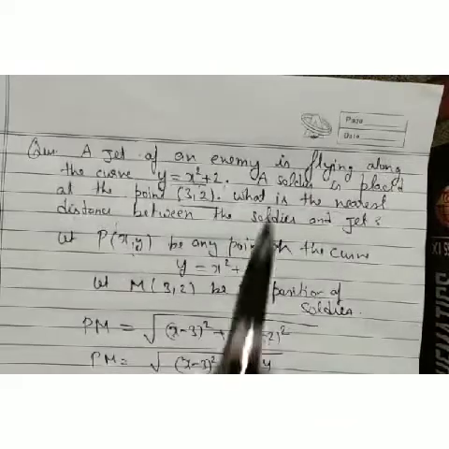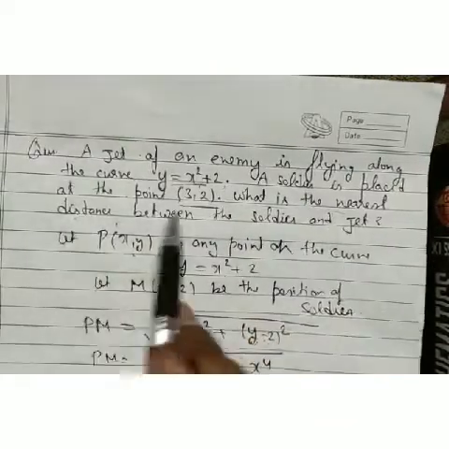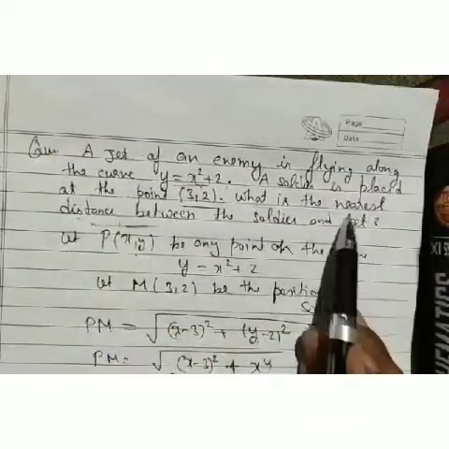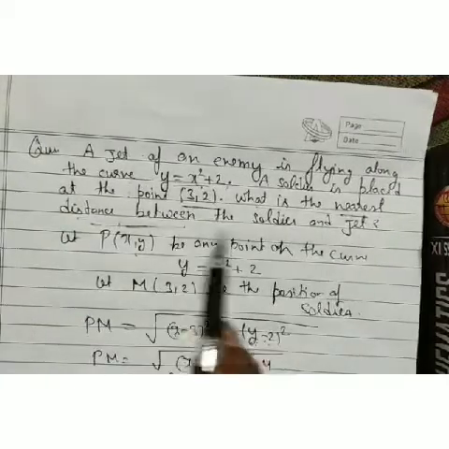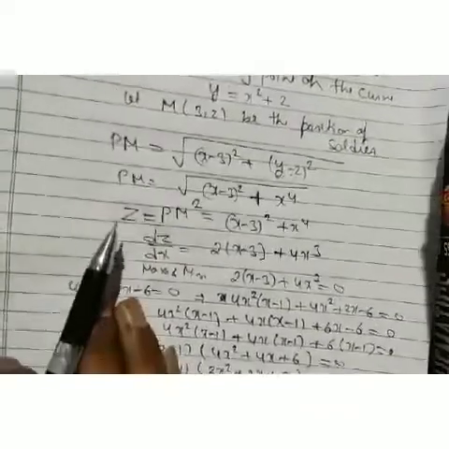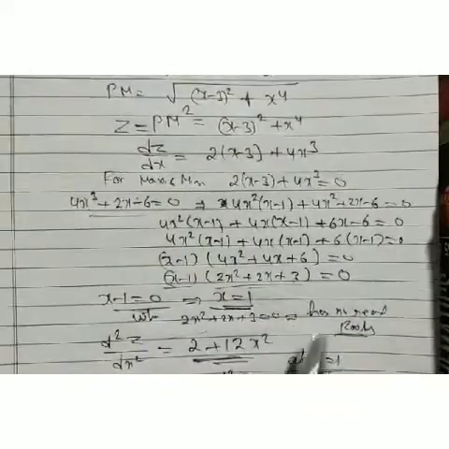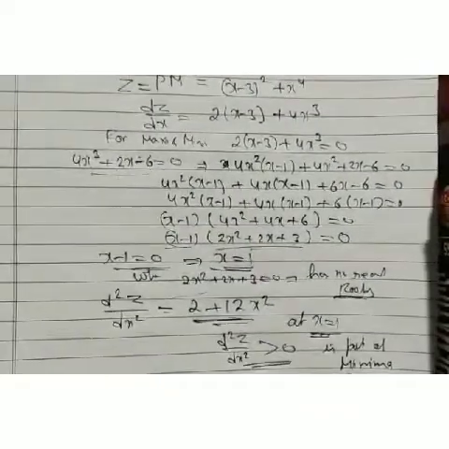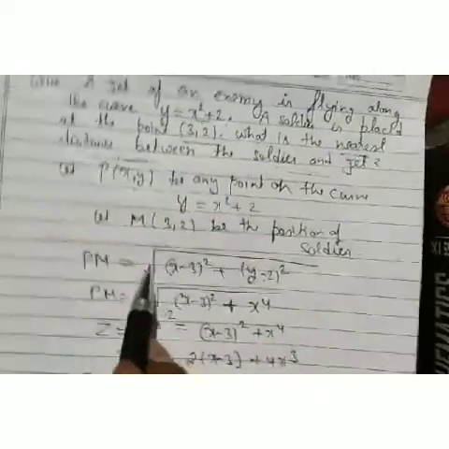We have to show that a soldier is placed at the point (3, 2). The nearest distance means we have to show the minimum distance between the soldier and the jet. Then we get x equal to 1 as our minimum. Now we have to find the minimum distance. What is PM?